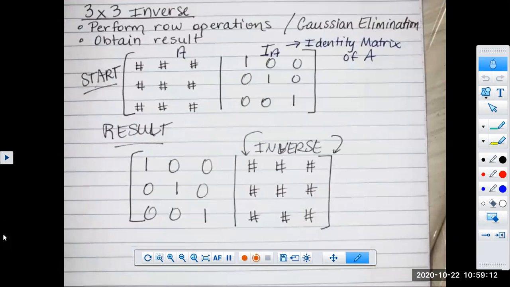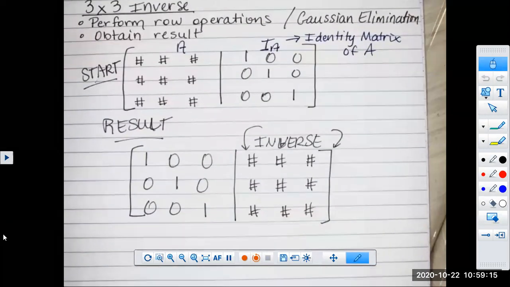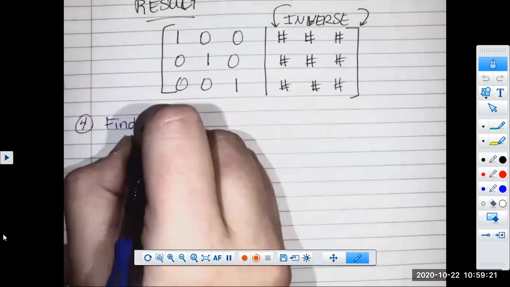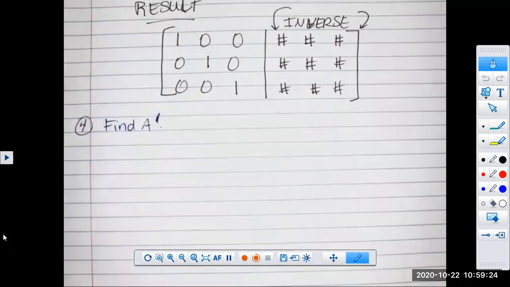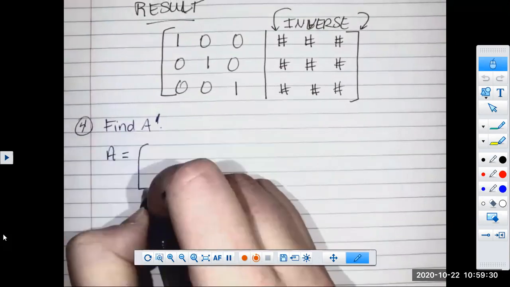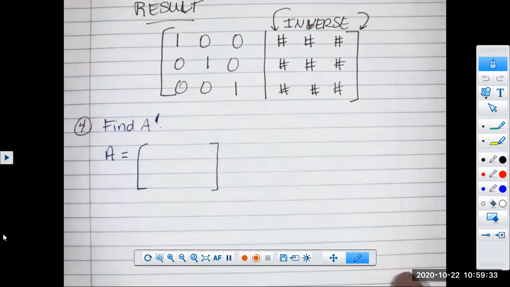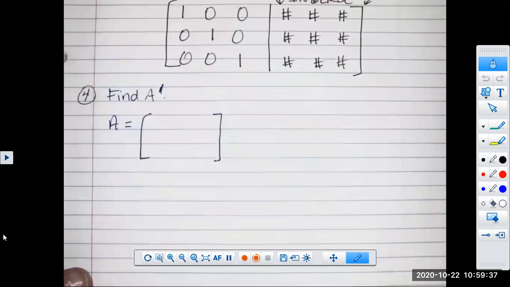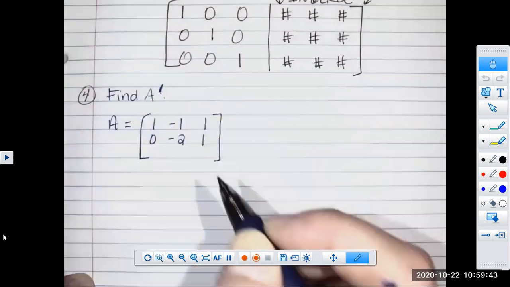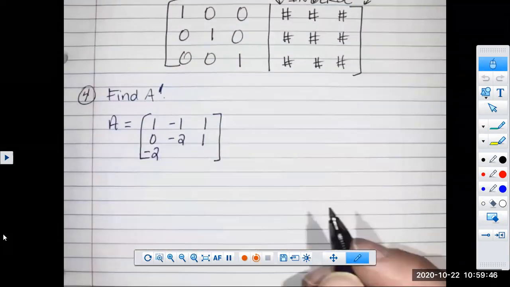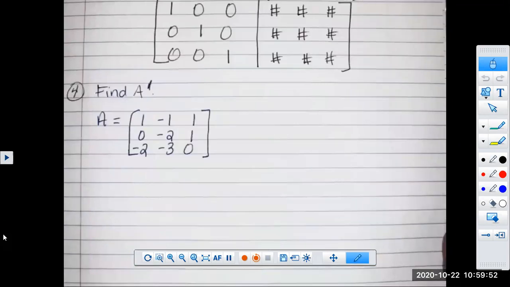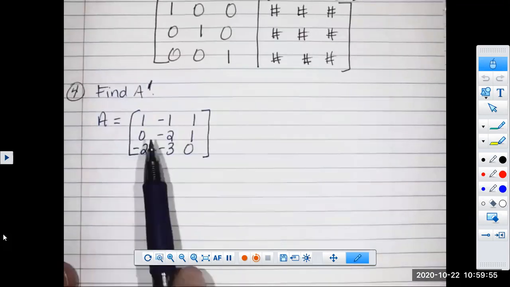Then they're going to tell you to find A inverse. All right, so we're finding an inverse of a 3x3.